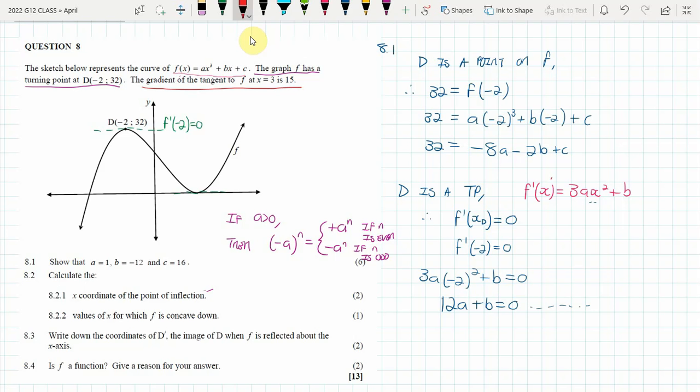Now, when x is equal to 3, the derivative is equal to 15. So this last sentence says the gradient of f at x equals 3 is 15. We can translate this as f prime of 3 is equal to 15.